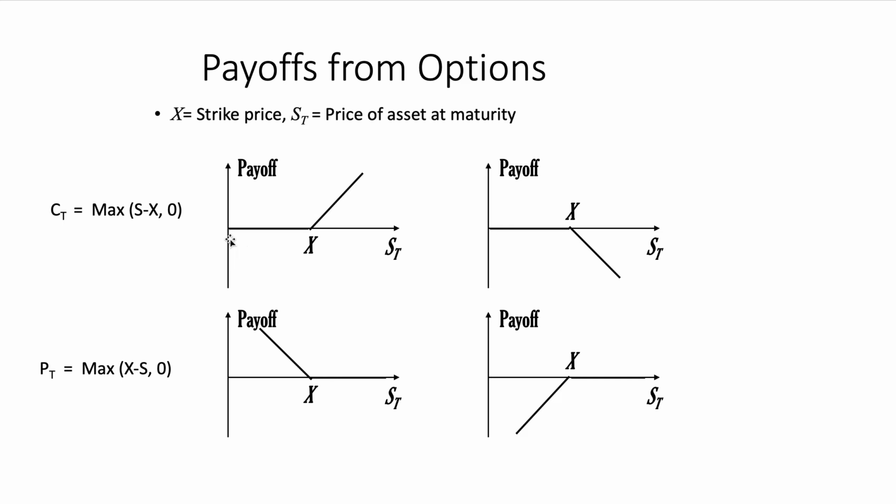If you add the premium you pay, so it's minus, let's say $1, up to the exercise price, you take the slope going up at 45 degrees. So you draw a line along this. The pivotal point is underneath the exercise price by the premium, then going up parallel. Okay.